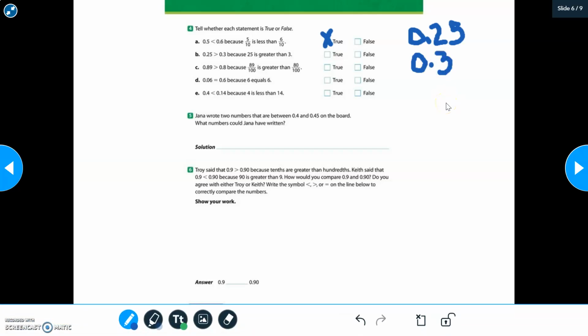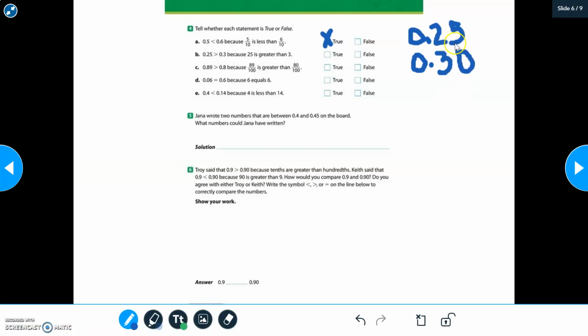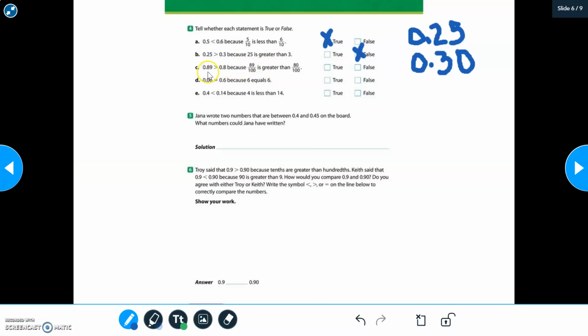And remember earlier I showed you in the little place value chart, they put a 0 on the back end just for a little placeholder. So now this will make it a little bit easier to compare our decimals. 0.25 is less than 0.30. So this is false. B is false. We don't want B. Let's look at C.